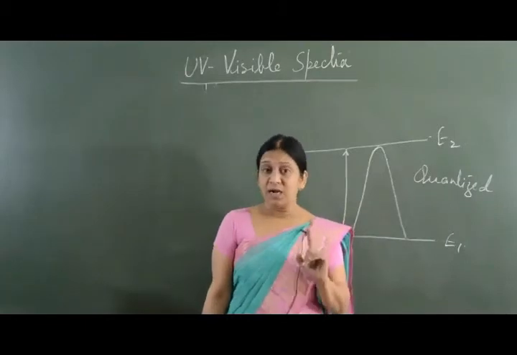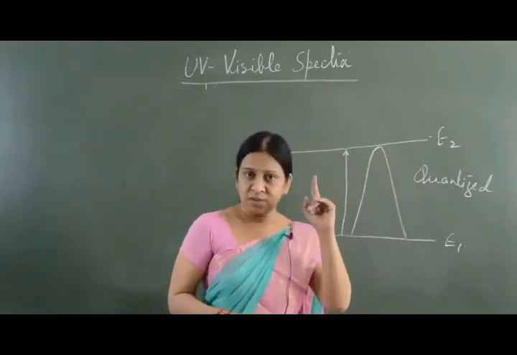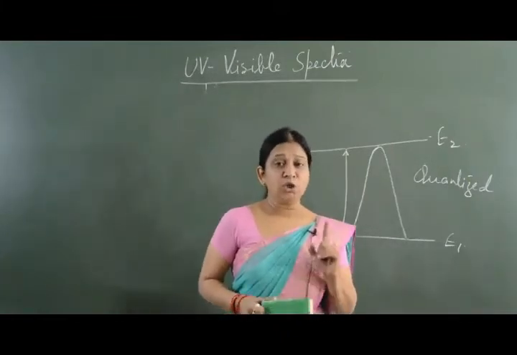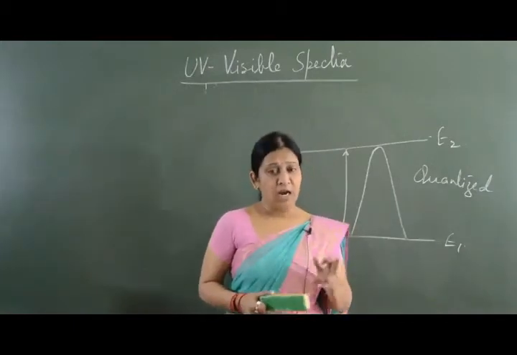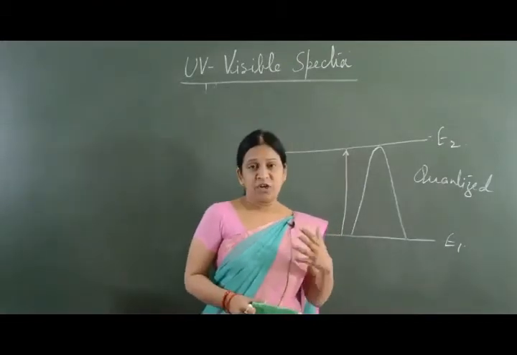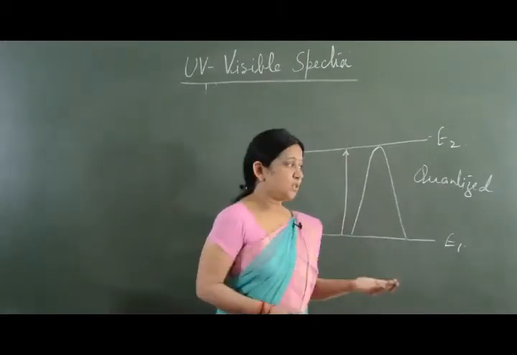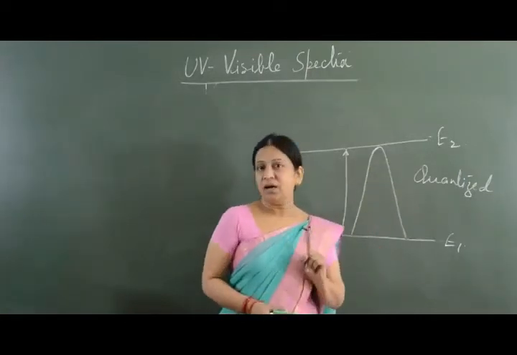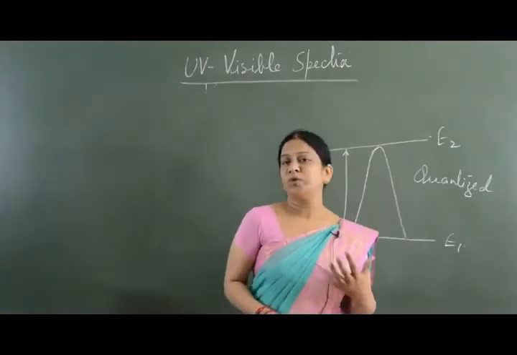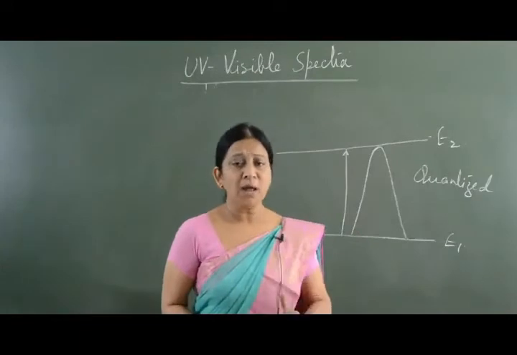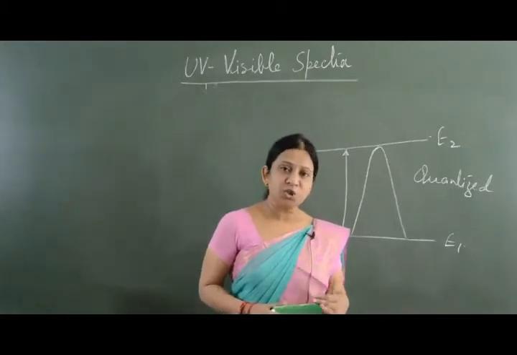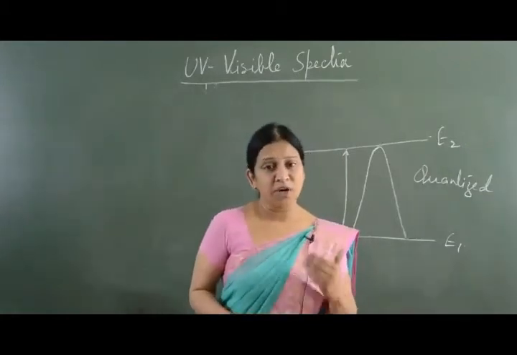Why are we getting a band? Because one electronic transition is accompanied by a large number of rotational changes and a large number of vibrational changes. Because of these changes which take place along with the electronic changes, we get a band, not a discrete line. So, in UV spectra, we do not get a discrete line, instead we get a band.